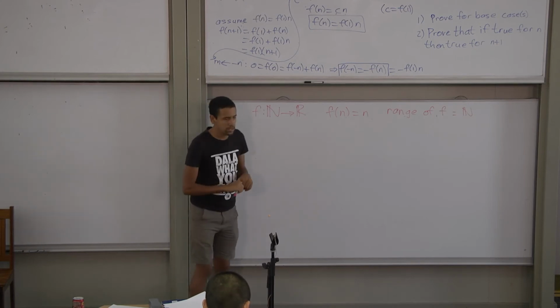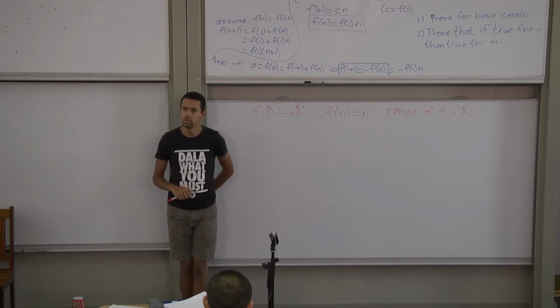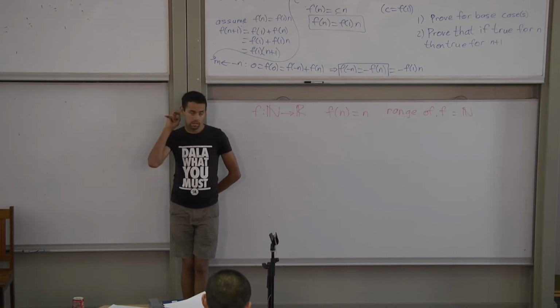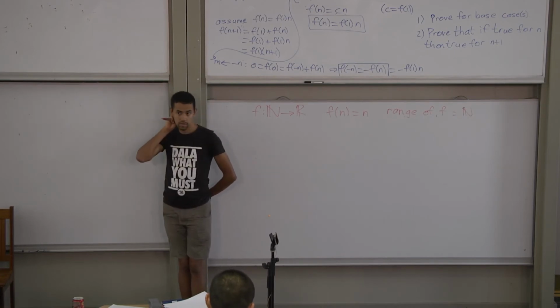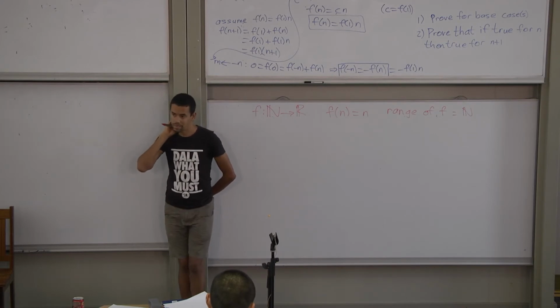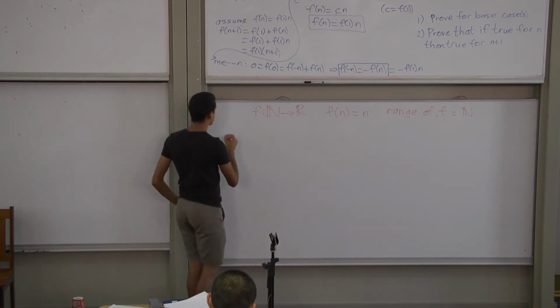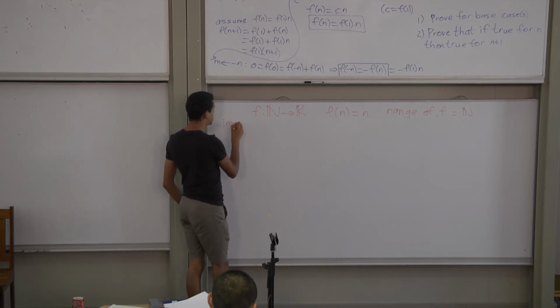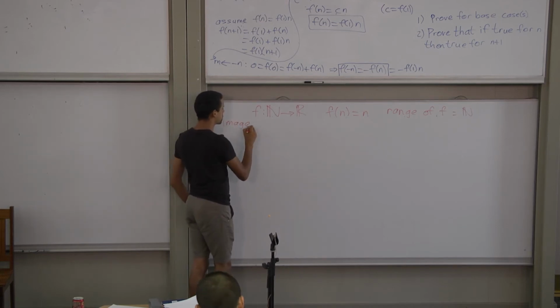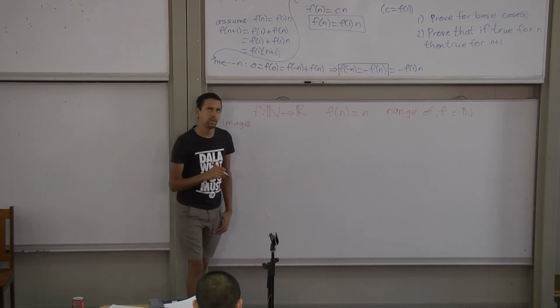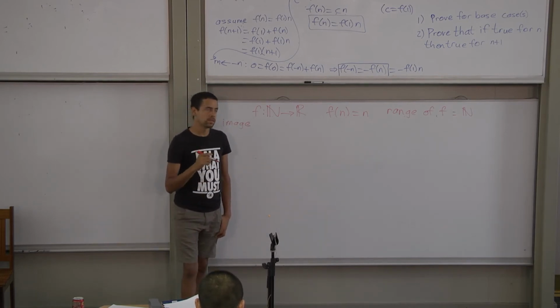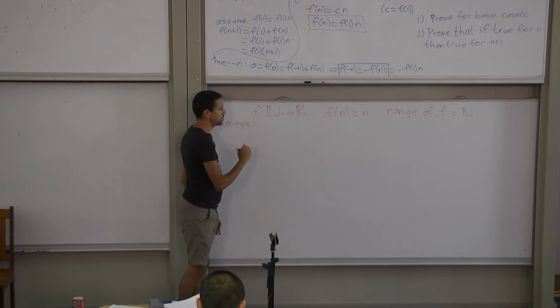Range is actually a special case of a more general thing, and this notation might take a bit of time to get used to. So the thing called image and pre-image of a function, or image and pre-image of a set. So image works like this.